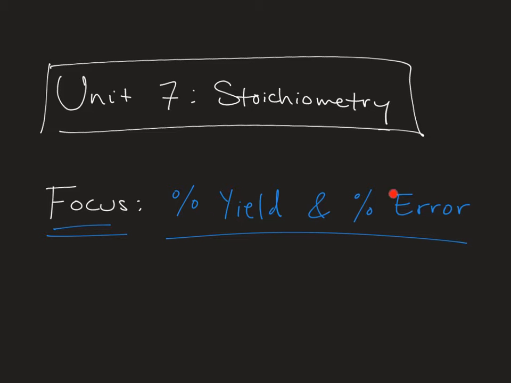Percent yield and percent error, basically what that deals with is if you take any reaction, doesn't matter what you're doing, it's never going to go, usually anyway, to 100% completion. If I put gas into my car and I turn it on and go for a drive, assuming you don't drive an electric vehicle, the engine is a combustion reaction.